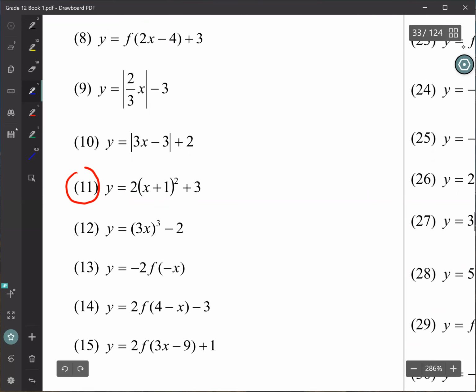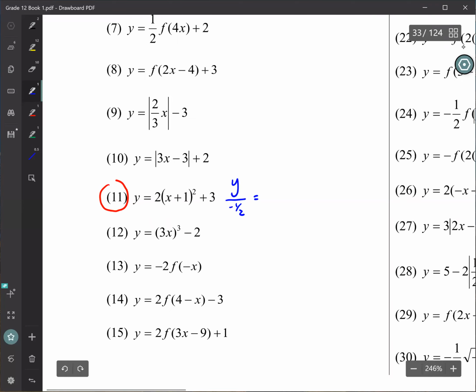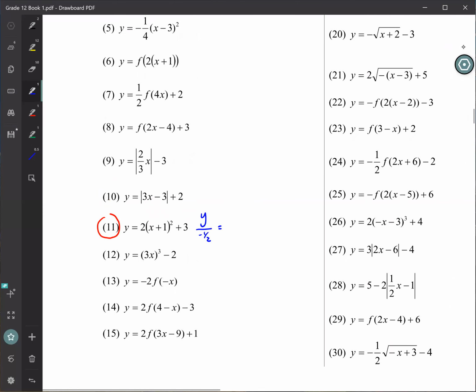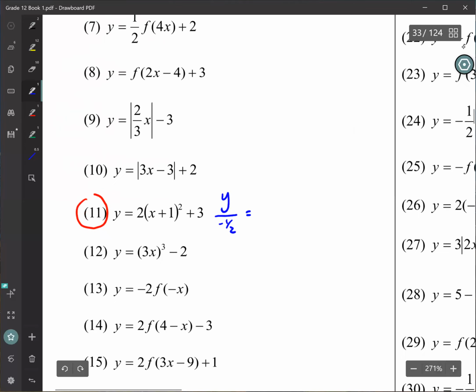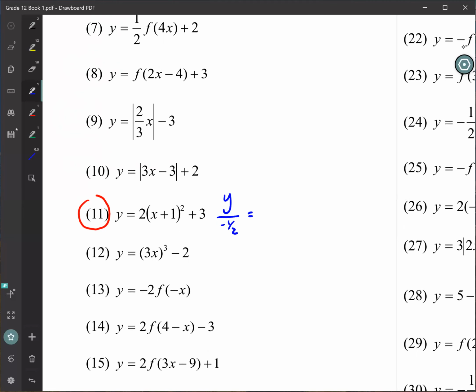My story form is y over negative 1 over 2, equals absolute value. Okay, question 11. Oh, wait, what did you do? Which question did you do? Oh, I did 10. Oh, okay. Later we'll go over 10, okay? I'll ask you later then. You try question 11 again.